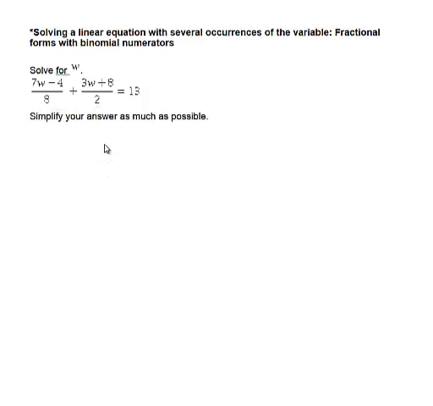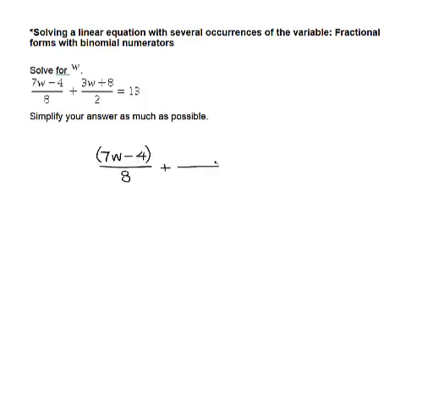So I'm going to rewrite the problem. I have 7w minus 4, and all of that is over 8. And what I like to do is remind myself that that numerator stays together. It's a binomial, so I'm going to put parentheses around it.